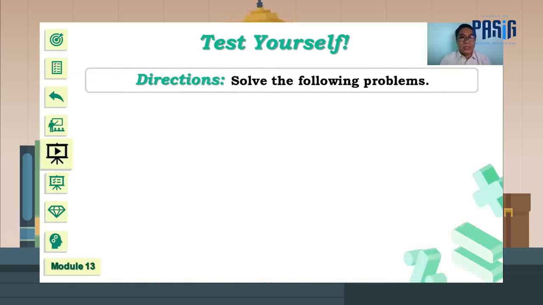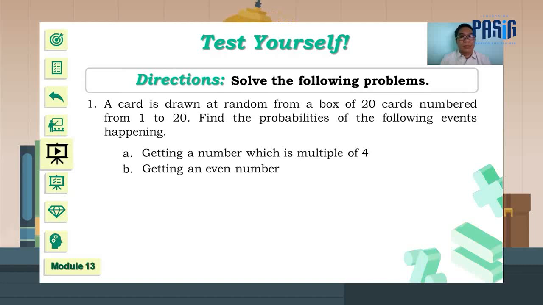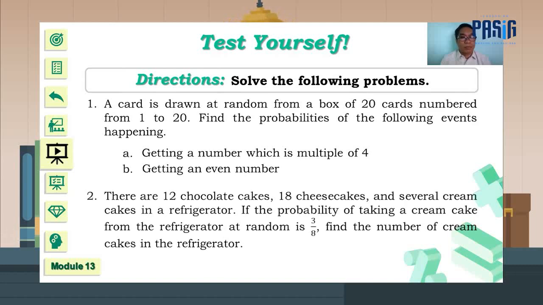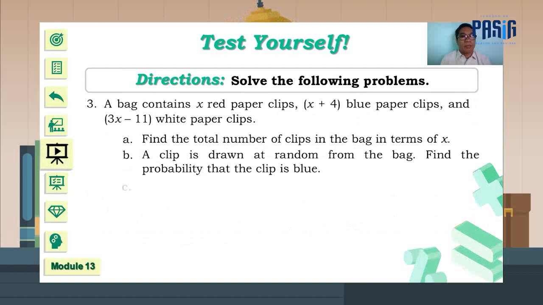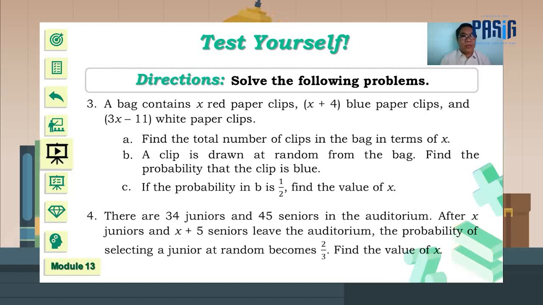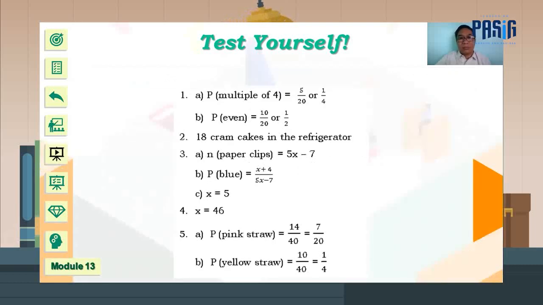So another activity, pace yourself. Number 1, number 3, and number 4. The last one, check your answer.